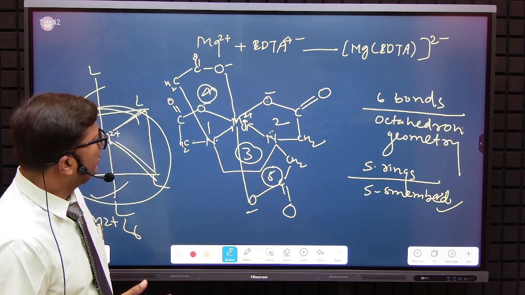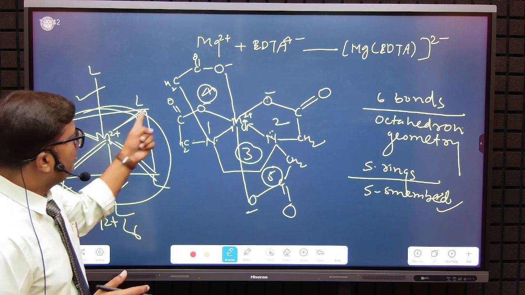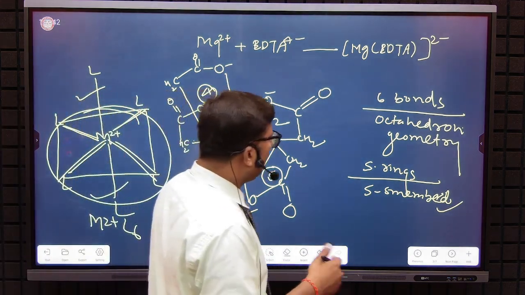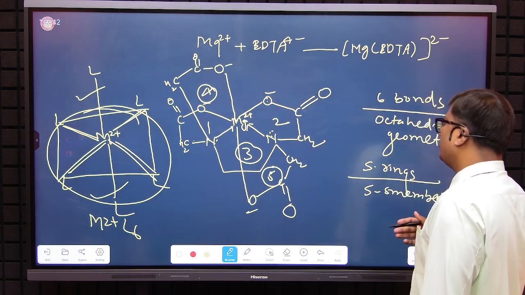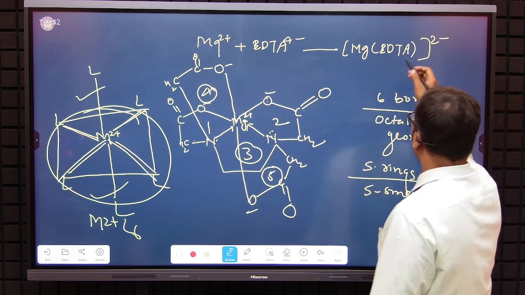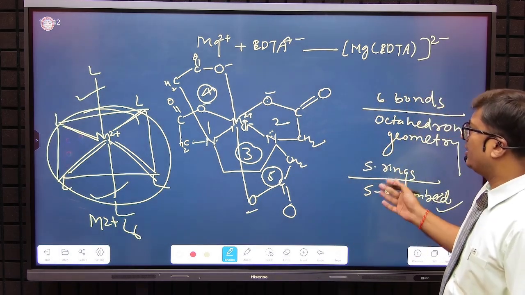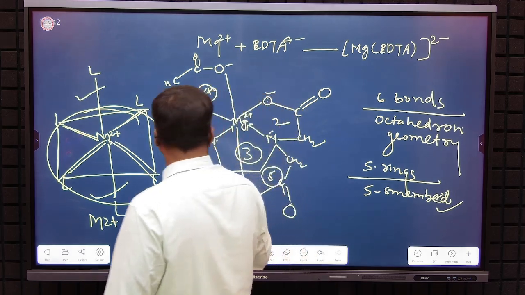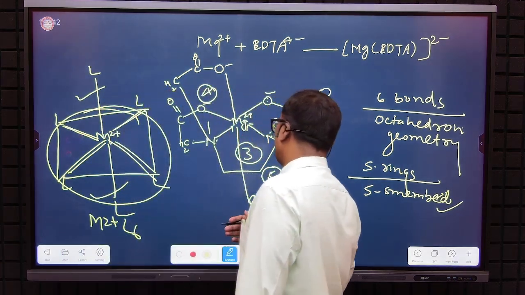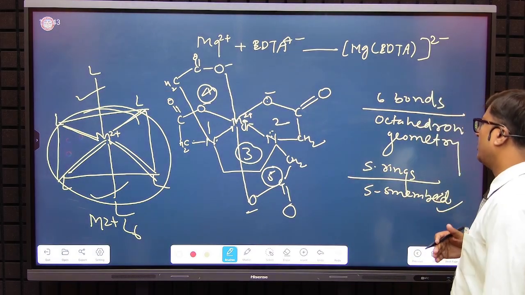So extensively we can say that this type of complex is a highly stable complex, and EDTA 4 minus is used to estimate the hardness of the water, and sometimes it is added to water to soften the water, and for analysis of water also.